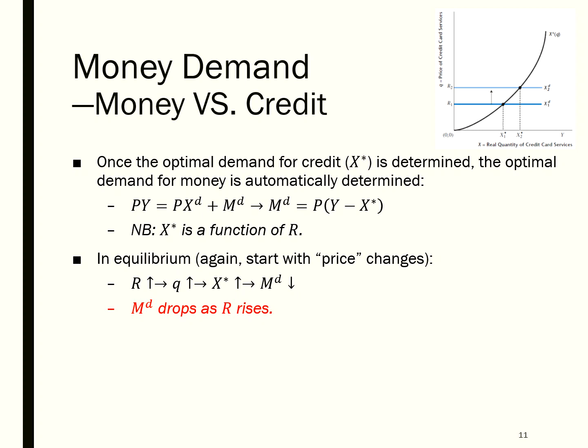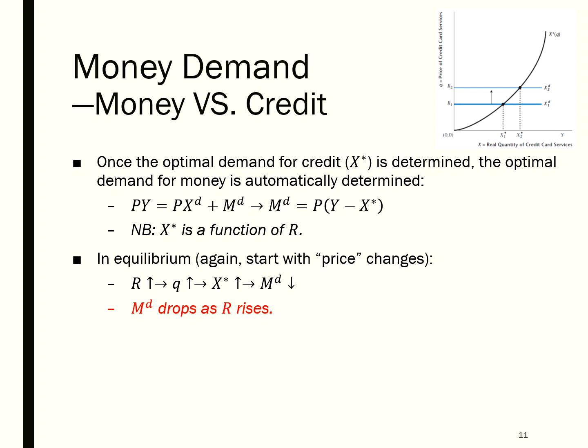So when X increases, MD, the money demand, will have to decrease. The last reaction chain is because when X increases in the identity we just derived, minus X will decrease. So money demand will decrease.